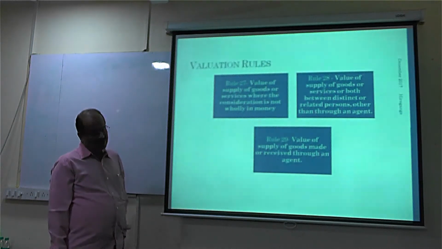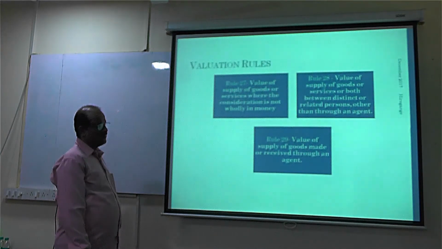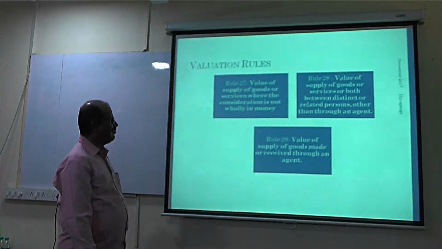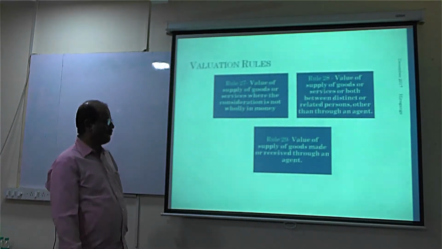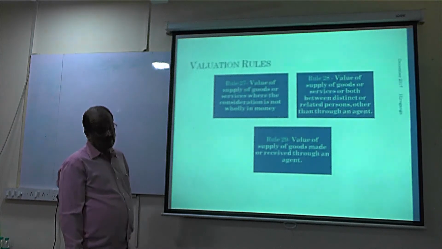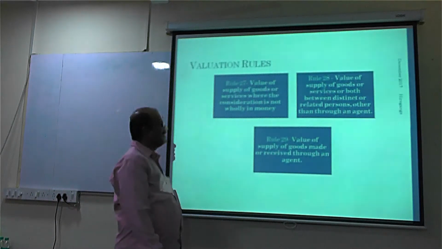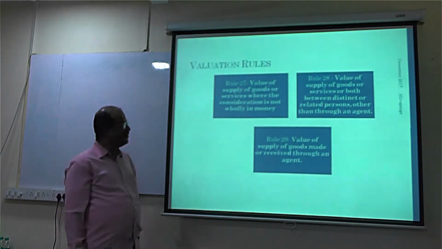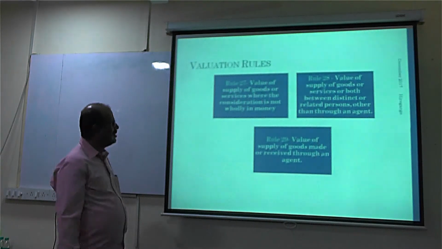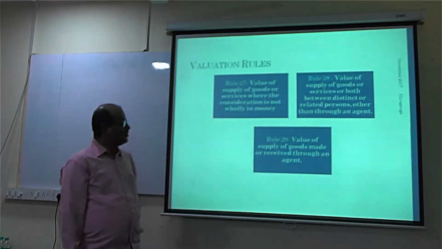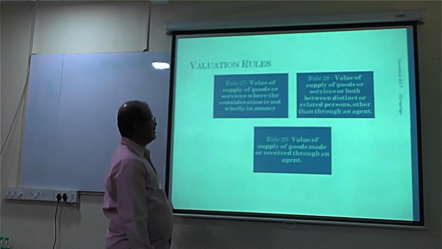This can happen within the state. This also can happen in different states. The law provides that when there is a transaction between the branches of the same taxable person, such transactions are considered as transactions between distinct persons. And the transactions between related persons also are covered under Rule 28.